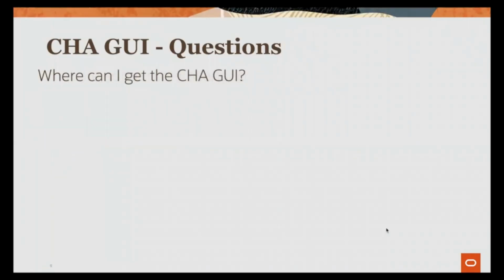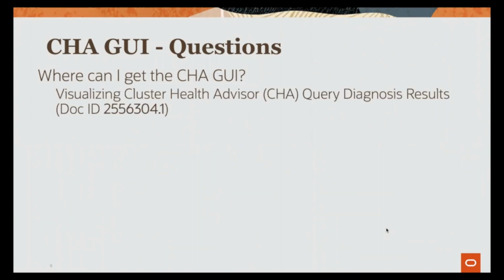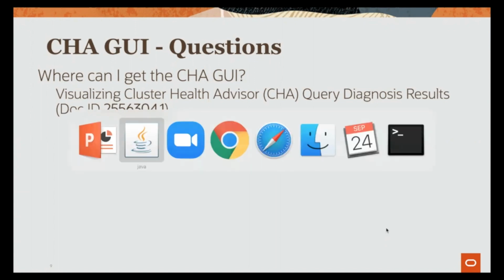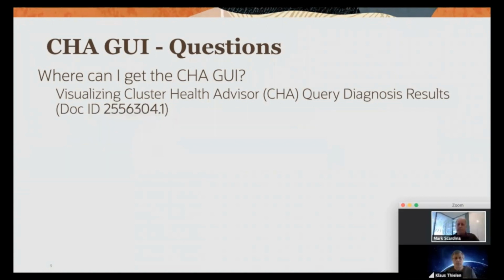So where can I get this tool, the CHA GUI? I think if I'm right, there's a MOS node for that. Oh yeah, here it is. So a customer can download the tool via MOS. So here's the reference to the MOS node.